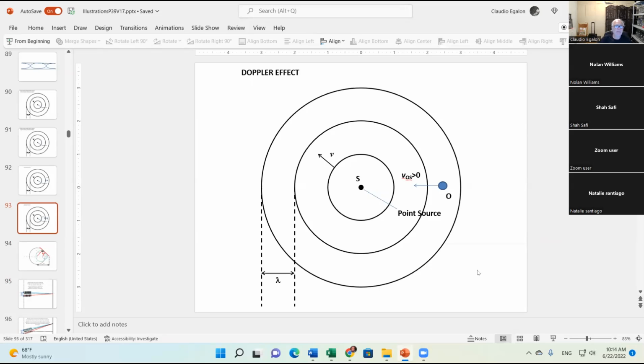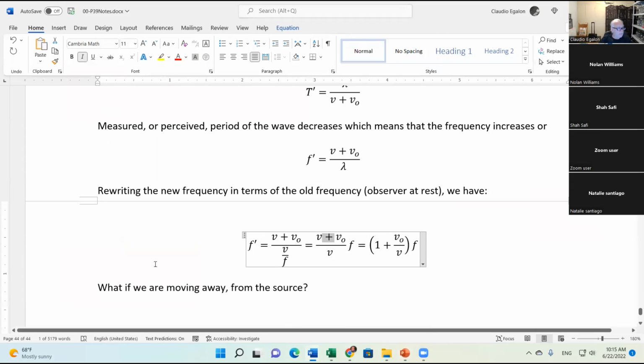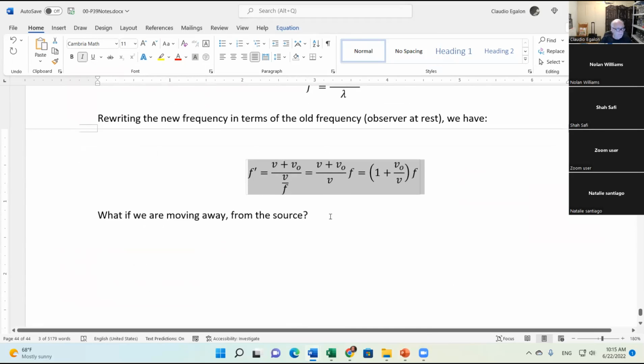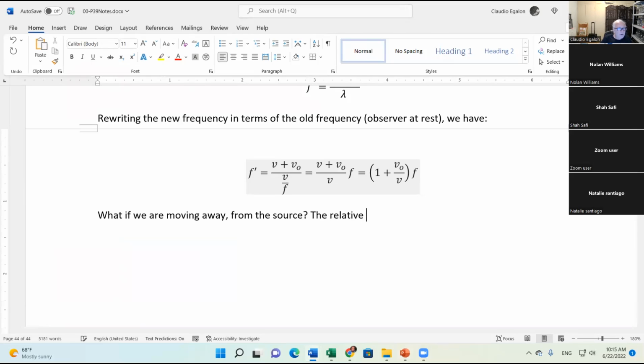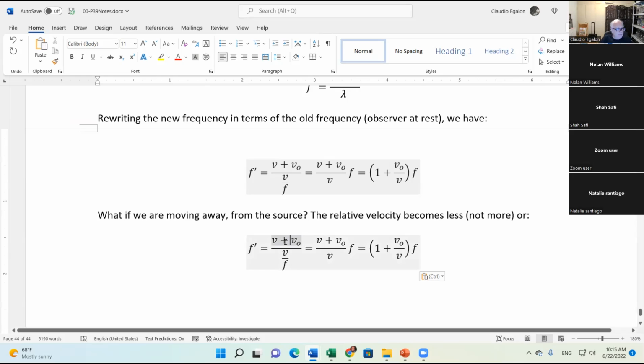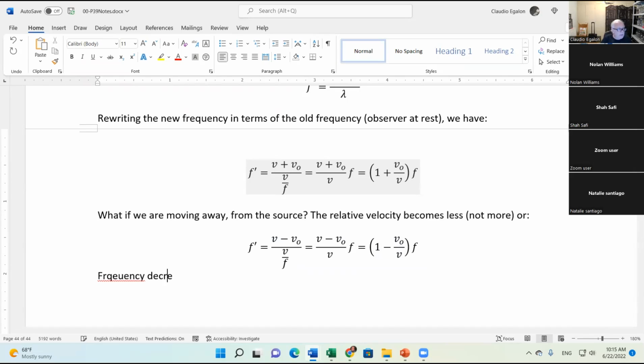The relative velocity becomes less, not more, right? So we're going to get something like that. Here you go. So frequency decreases.